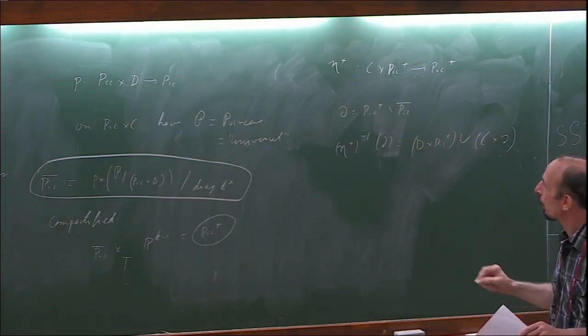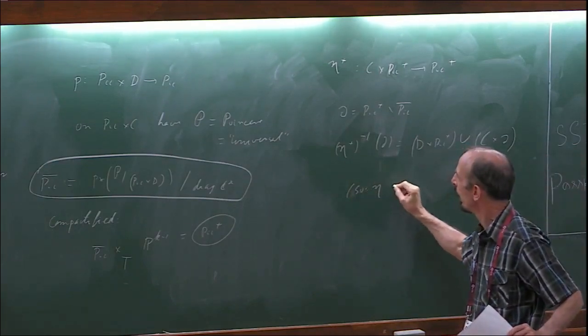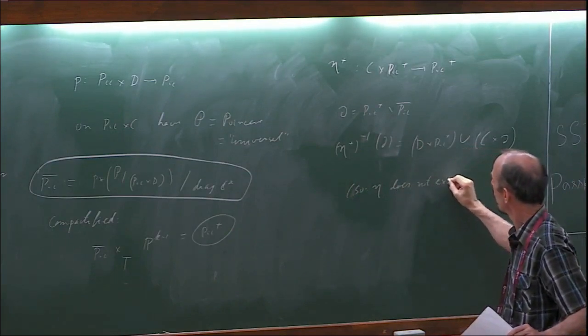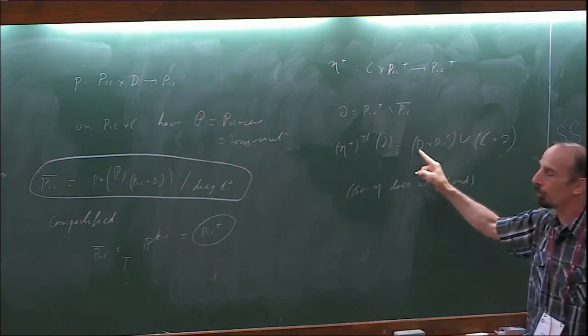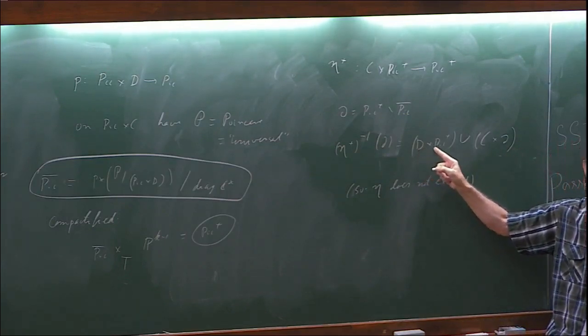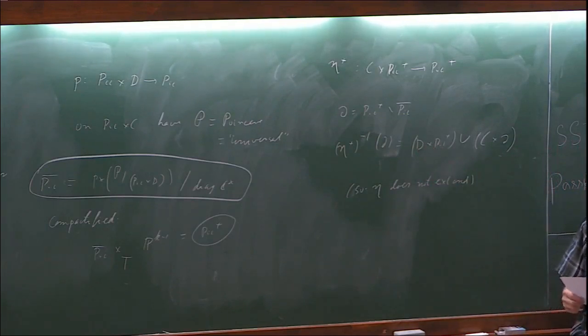So that in particular explains why eta itself does not extend, because as soon as you're going into one of the points of the divisor D, you're going to the boundary, not to the interior. So you cannot extend across any point of the divisor D.